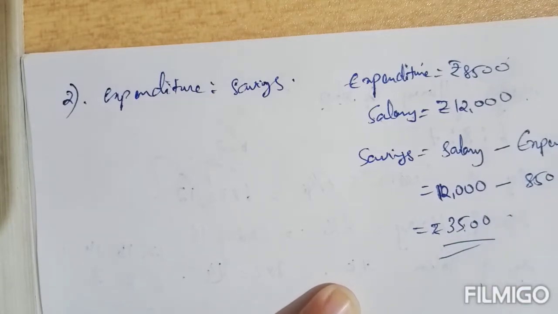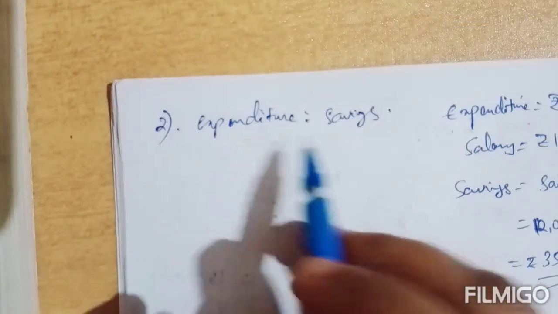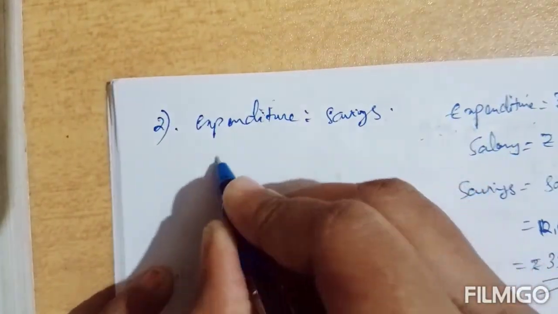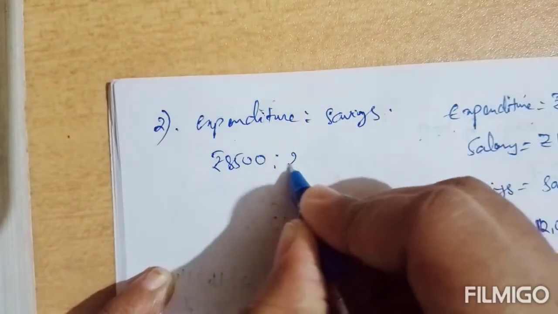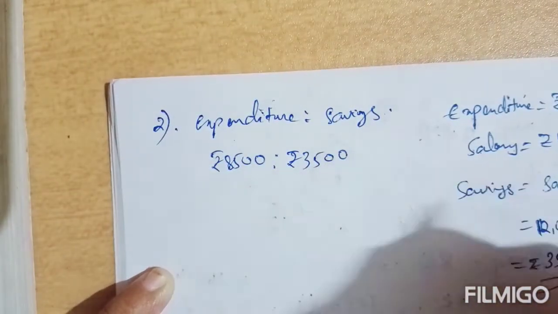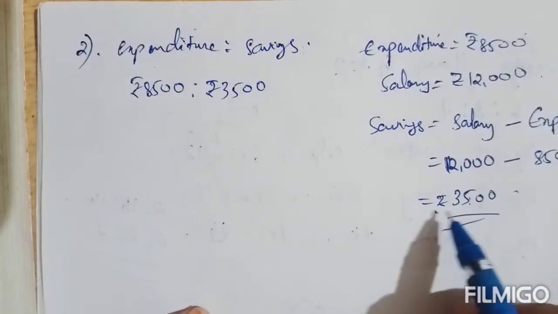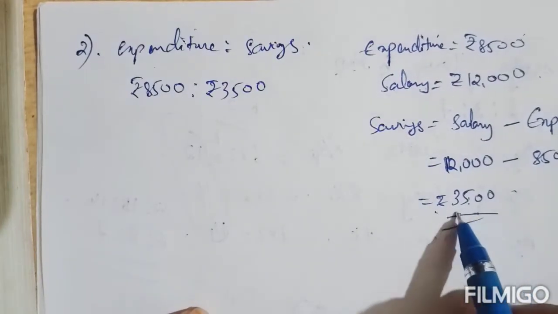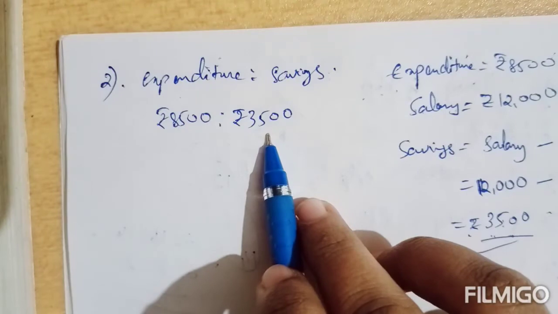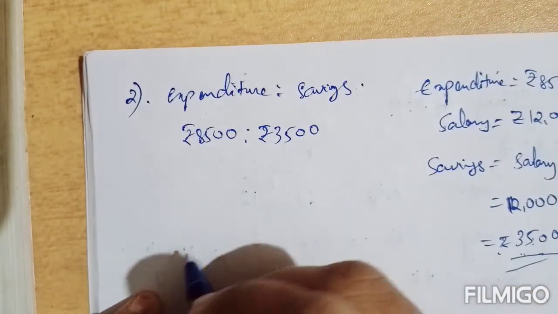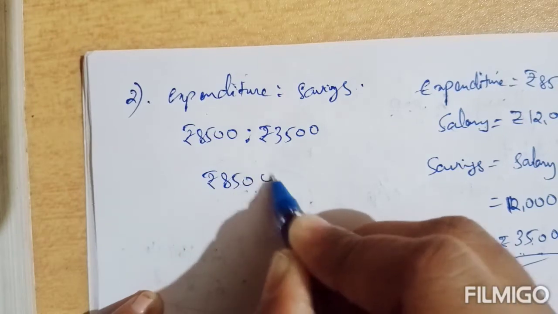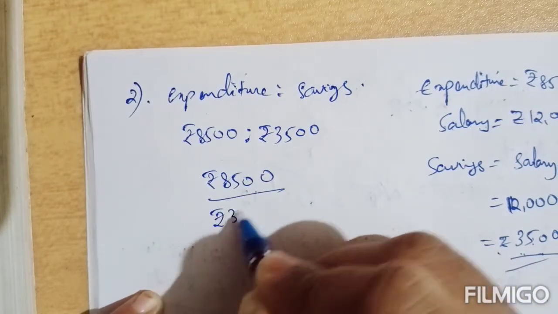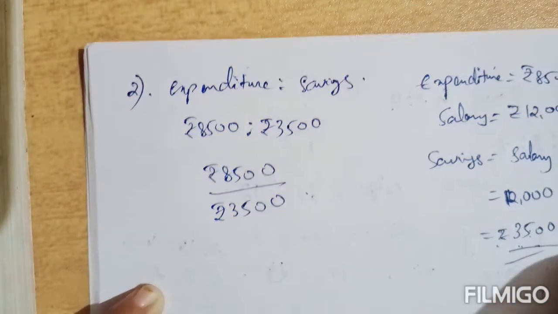Rupees 3,500. So what we need to find here is the ratio of expenditure and savings. Expenditure is rupees 8,500, and savings we found is rupees 3,500. Now finding the ratio, we know that A is to B, we can write it as A by B. So rupees 8,500 by rupees 3,500.